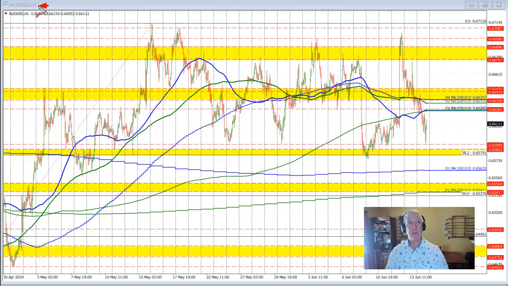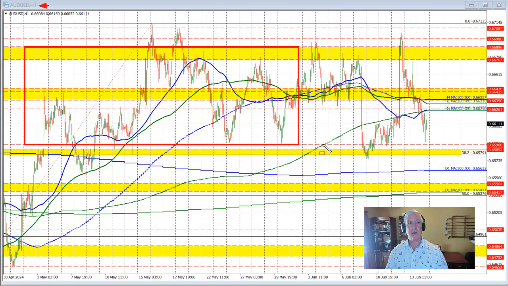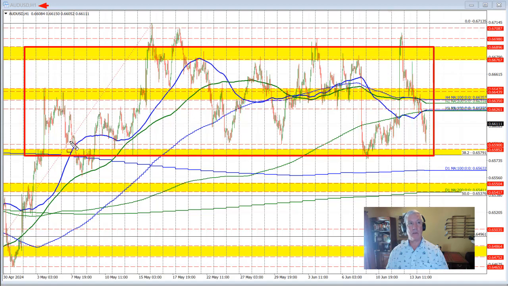So let's get started. I'm going to focus on the hourly chart, and I'm going to put a box around a large swath of data here. This goes back to the beginning of May, and in this box is where most of the trading has taken place over this time period. Yes, there were moves outside of the range on the downside right through here, and more recently right through here, and there have been moves onto the upside up here and up here and right here and here and here.